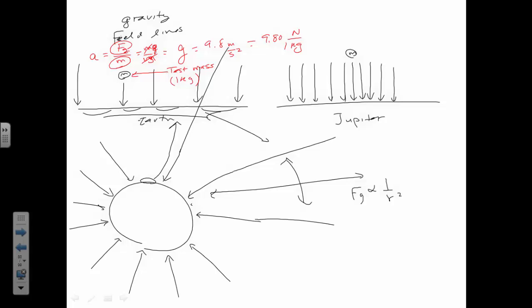On Jupiter, I don't know, maybe it's 50 newtons per kilogram, which would mean for every kilogram mass I put over there, I'd have 50 newtons of force acting on it. That tells us how strong the field is, in newtons per kilogram.